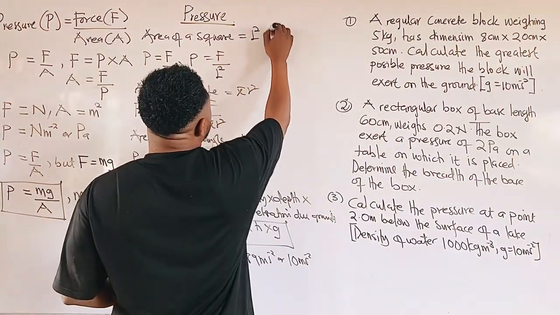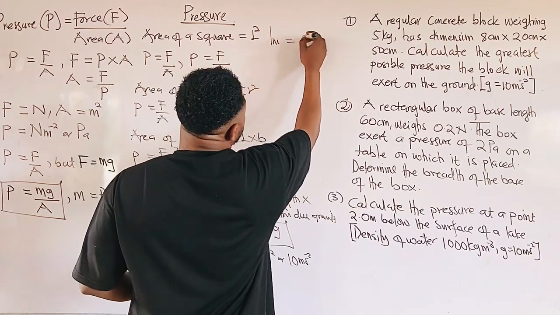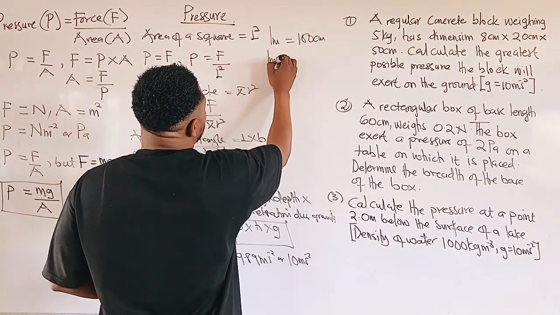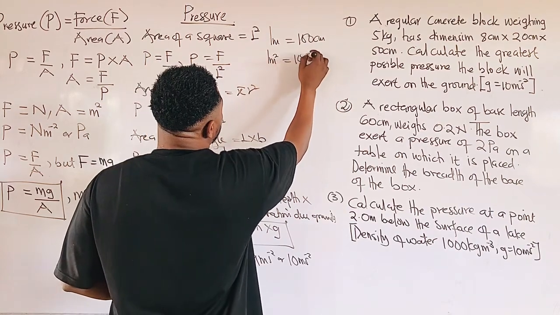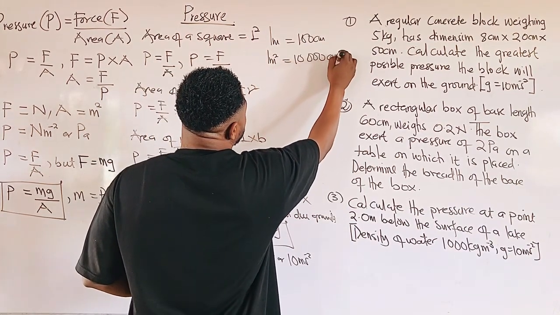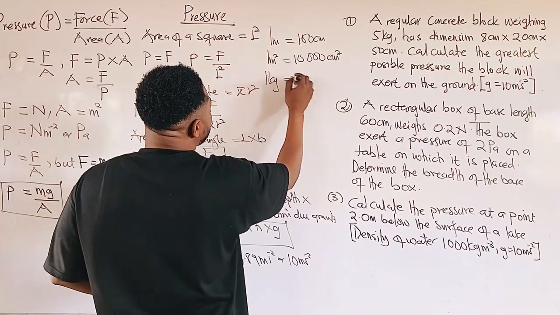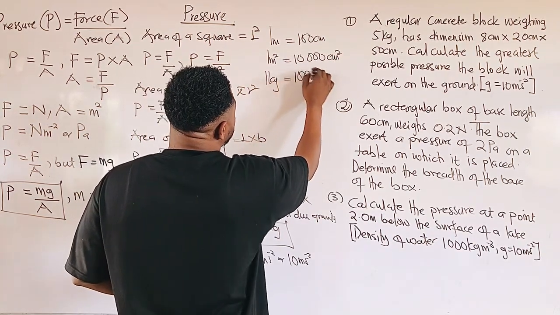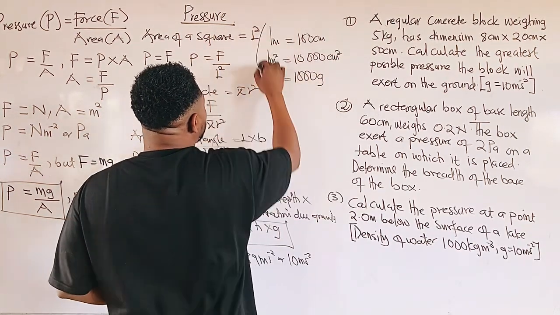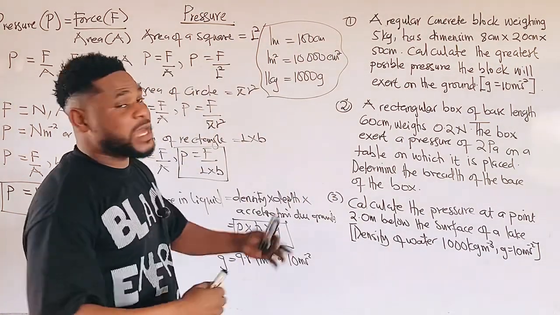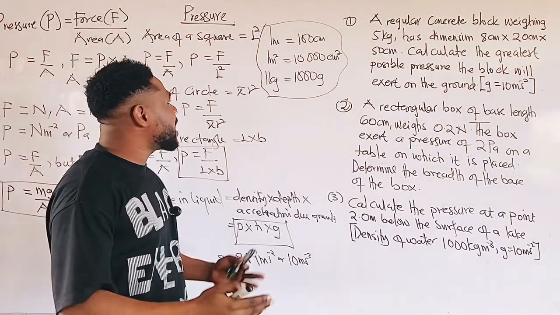Now, don't also forget that 1 meter is equal to 100 centimeters, 1 meter square is equal to 10,000 centimeters squared, and 1 kilogram is equal to 1,000 grams. So we can use these conversions to change any of the units we are looking at into standard units.